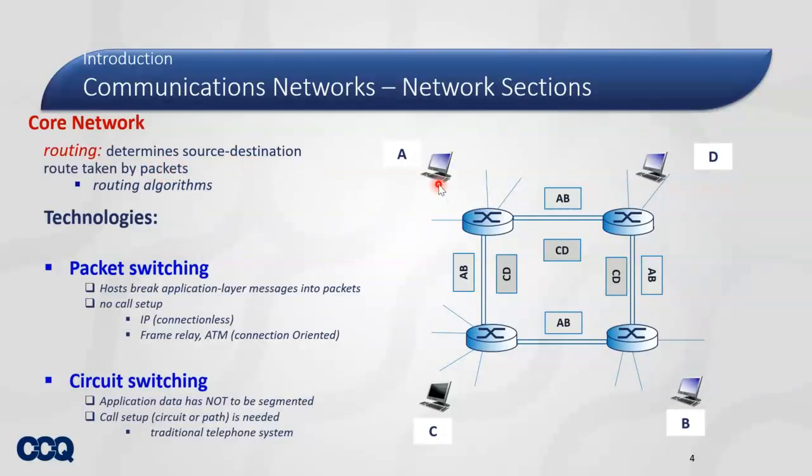For example, if PC A is sending a message to PC B, routing protocols determine the best path from PC A to PC B. What is the best path? And what is the second best path, the backup? So here comes the role of the routing algorithms for selecting the best path.